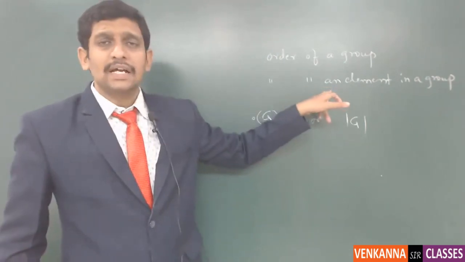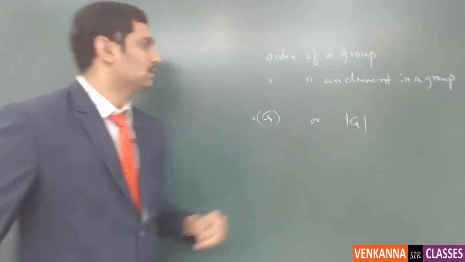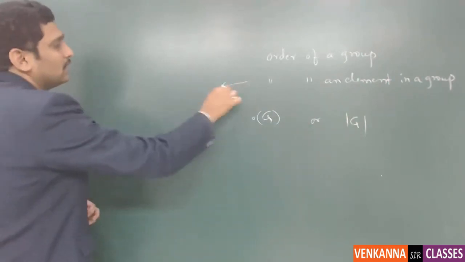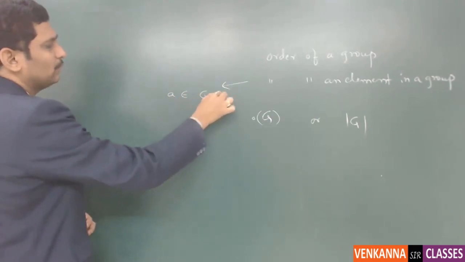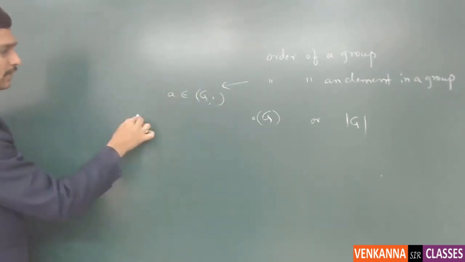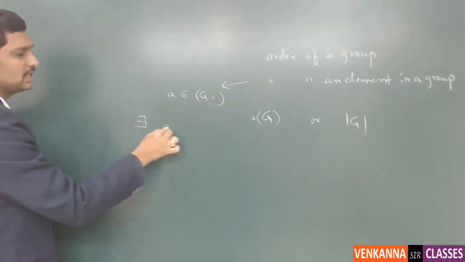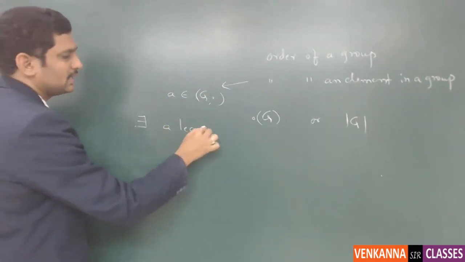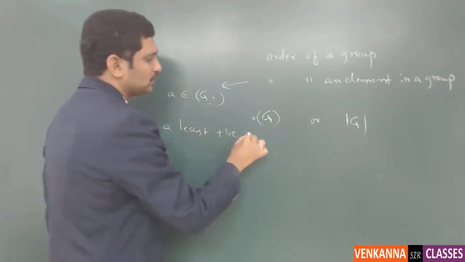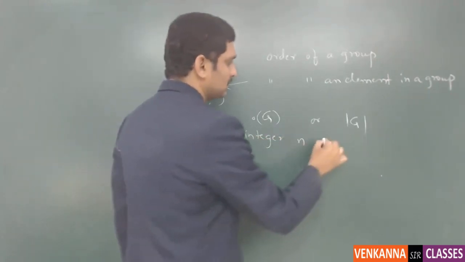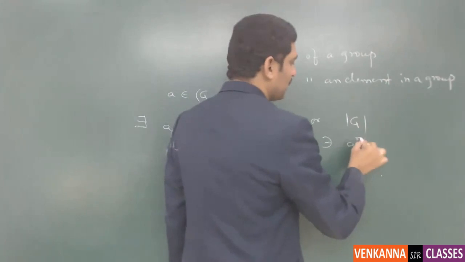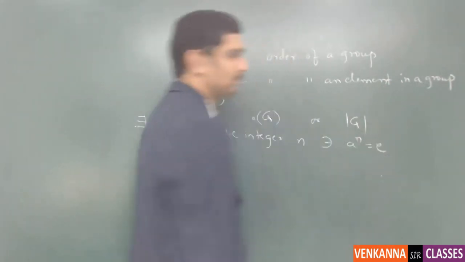And what is the order of an element? It is nothing but, whenever you take an element in the group, there exists a least positive integer n such that a power n is equal to identity.